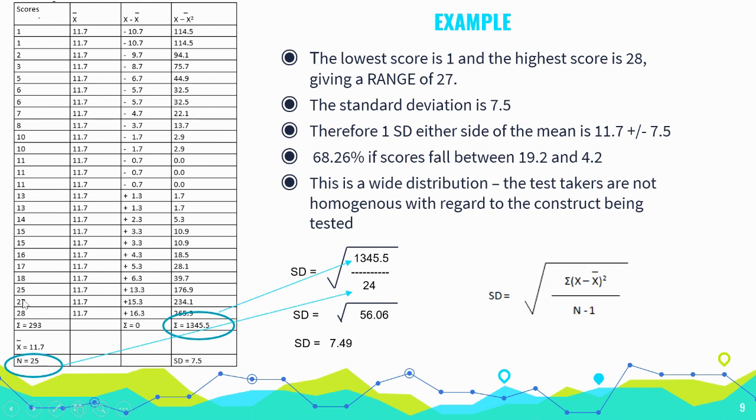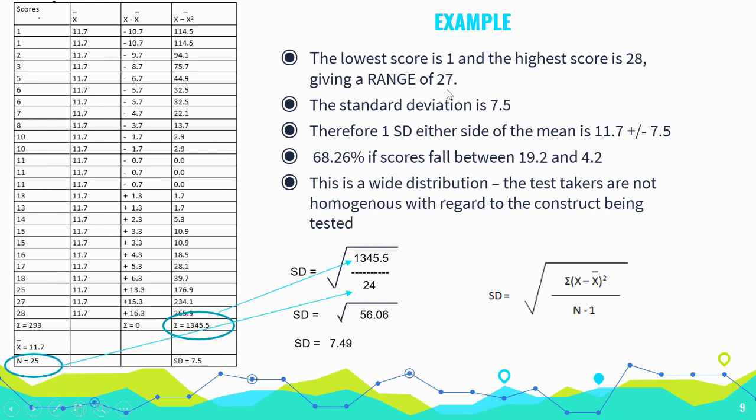Left-hand column, I've got my scores. I've got n equals 25, and I've got x bar, the mean, is 11.7. The sum of all the scores is 293. Now, the first thing that you'll come across is something called the range, this first bullet point at the top. 1 is the lowest score, and 28 is the highest.